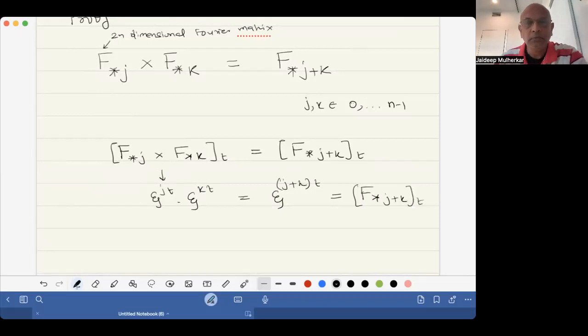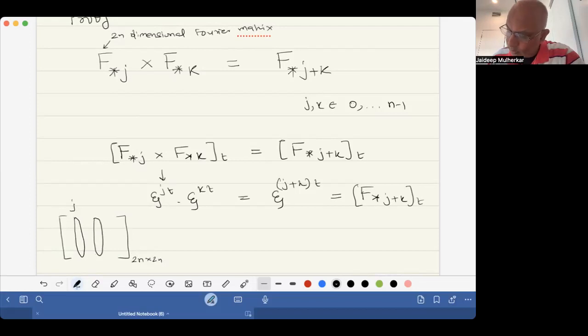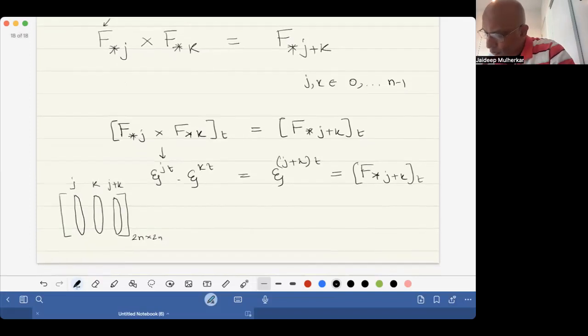Okay. So which means that if I take the jth column of a 2n cross 2n Fourier matrix and take the component-wise multiplication with the kth column, then I will get the j plus kth column. Okay. All right. So moving on.